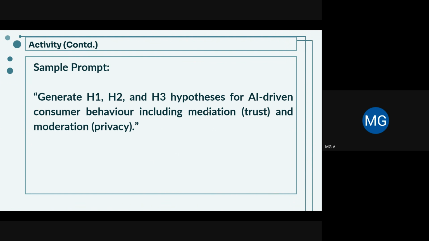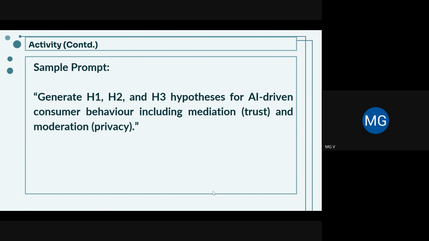So the hypothesis, first one will be AI-driven personalization positively influences consumer purchase intention. Second, consumer trust mediates the relationship between AI personalization. You see, we have given 3 directions: direct, mediation, and moderation. So third is privacy concerns moderate the relationship between AI personalization and consumer trust.